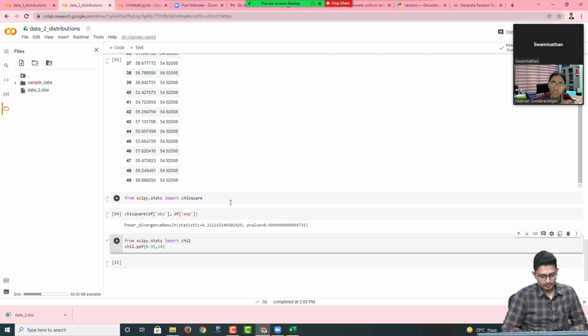And now the chi-square statistic is compared at alpha and your number of degrees of freedom. So what is that going to be? So k minus p minus 1. So for p, the p for uniform distribution is 0 because there is no parameter. So you have the lower bound and upper bound. So it is nothing but k minus 1, which means 50 minus 1, that is 49.